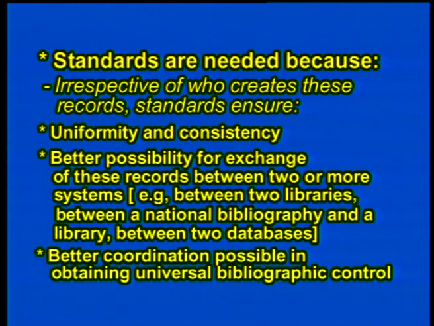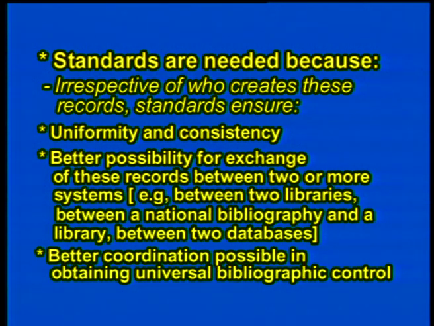Now, there is need for standards in bibliographic description. Standards are needed because irrespective of who creates these records, standards ensure uniformity and consistency. With the use of standards, there is better possibility for exchange of these bibliographic description records between two or more systems. When we say between two or more systems, we are talking of between two or more libraries, between a national bibliography and a library, or between two computer databases.